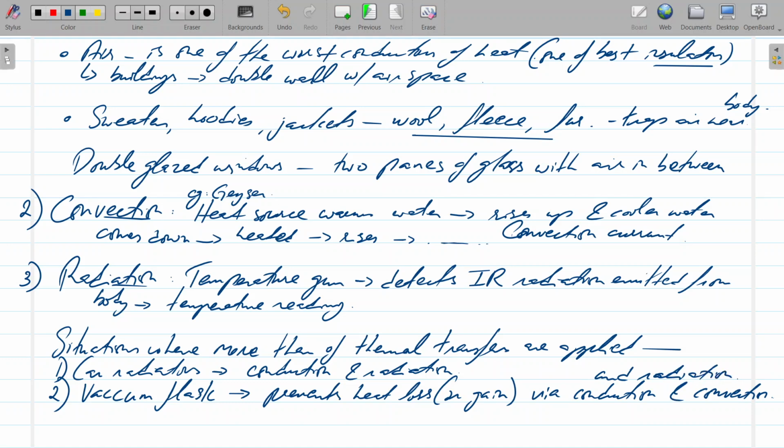The surfaces inside are shiny and they're made of glass, so they prevent radiation. There's vacuum between the two layers that are inside. There's a diagram in the book, and so there's air? Actually no, there's vacuum, and so you won't have anything traveling through in terms of thermal energy.